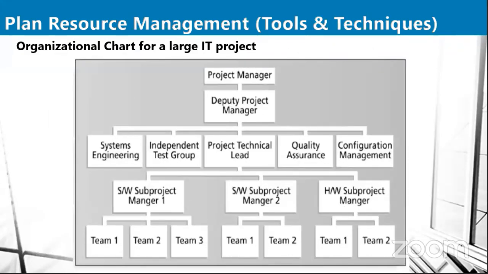Now, this is what I'm talking about when we talk about a hierarchical organizational chart. Of course, now you see that the project manager is at the top. You have the deputy project manager. You have the system engineer. You have the independent test group; we are considering an IT project right now. You have the project technical lead manager, the quality assurance manager, the configuration management manager.